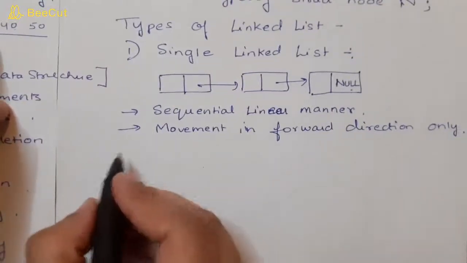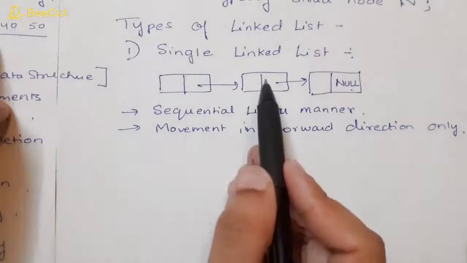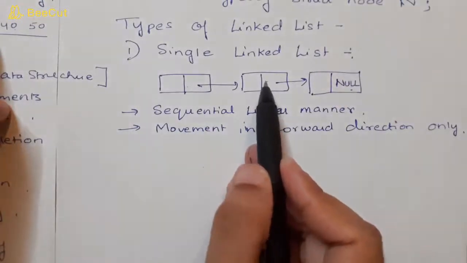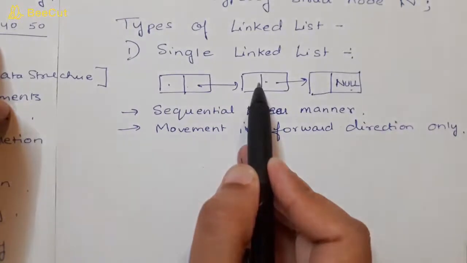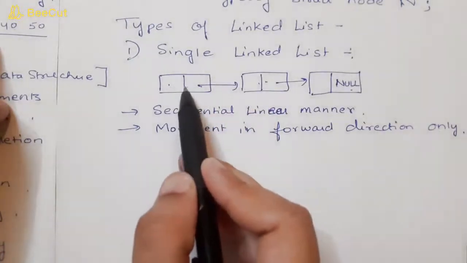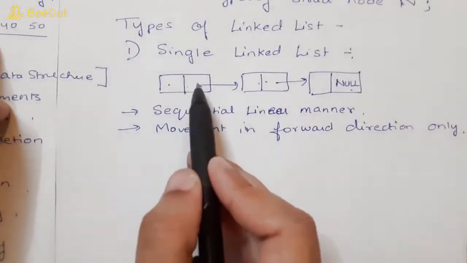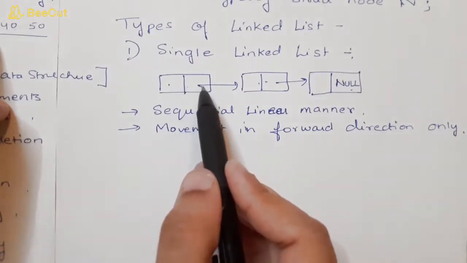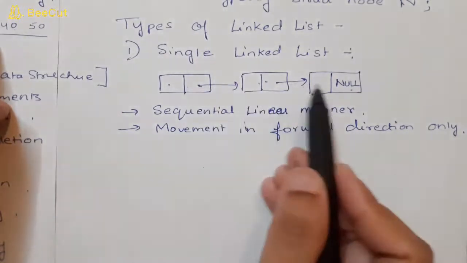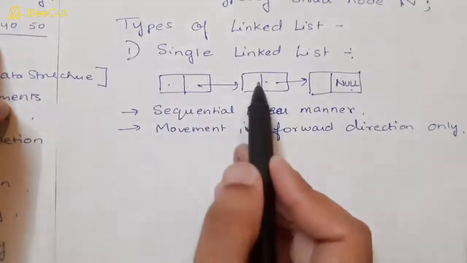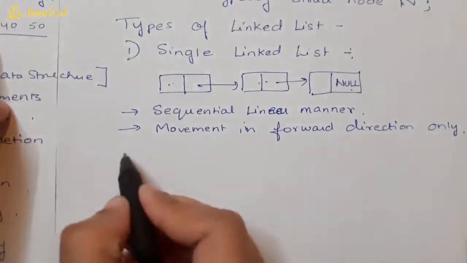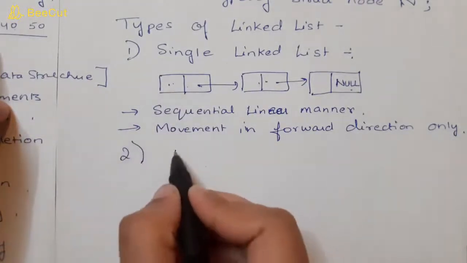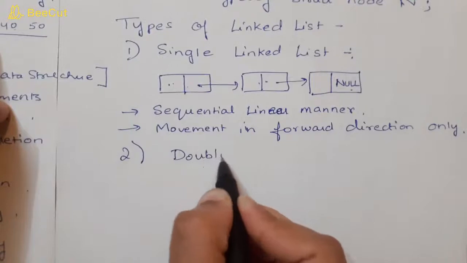So if you are here and you want to access the previous node, you cannot access it from here, because in a single linked list we can move only in the forward direction. From here you can reach here, from here you can reach here, but opposite traversing is not possible in this case. The second linked list is the doubly linked list.